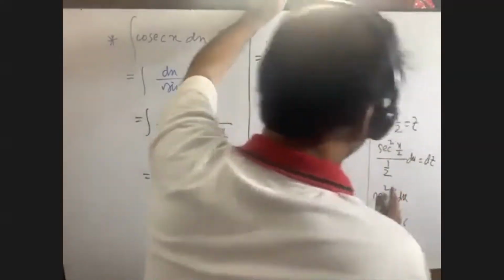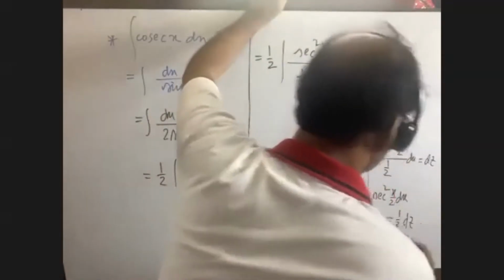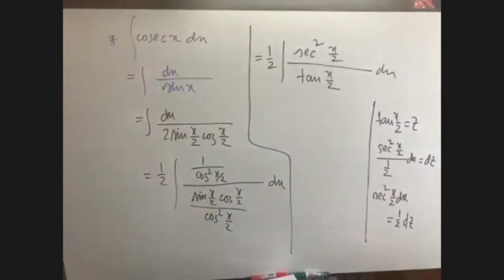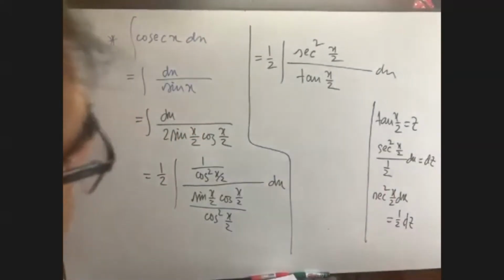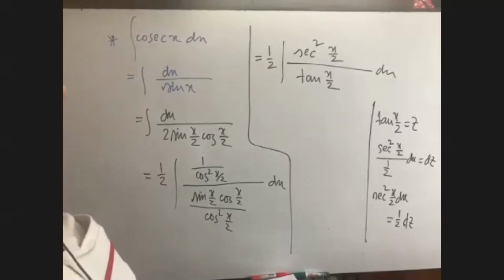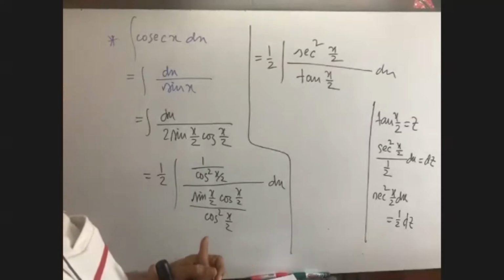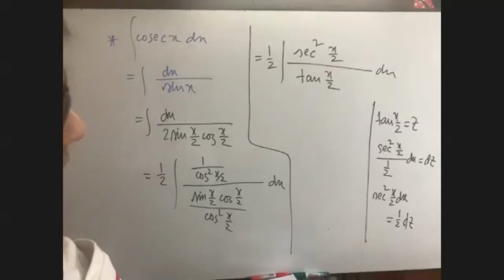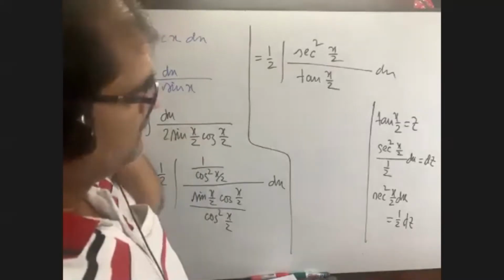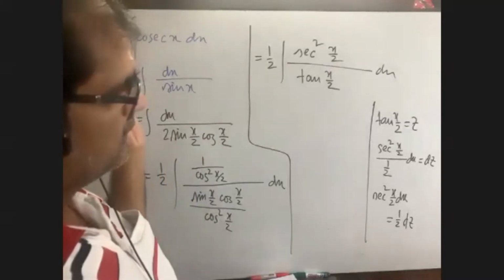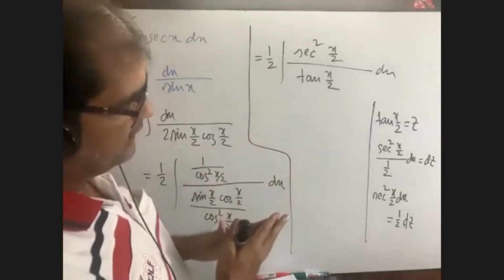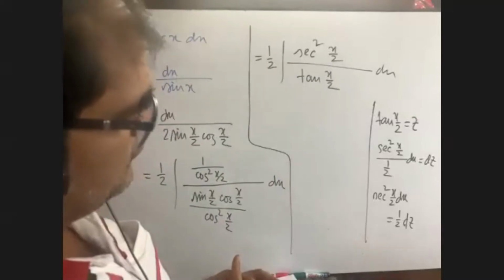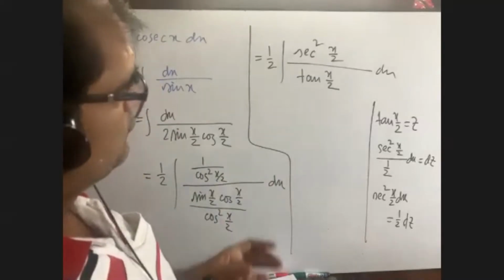I'm sorry, yes, half dz. Talk to me. Yes, sir. Okay. Tan x by 2, this is half, so it is also half.